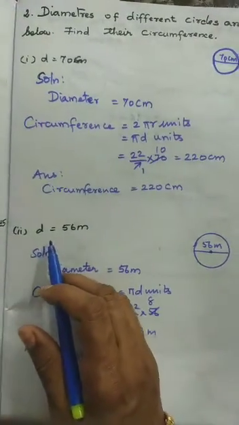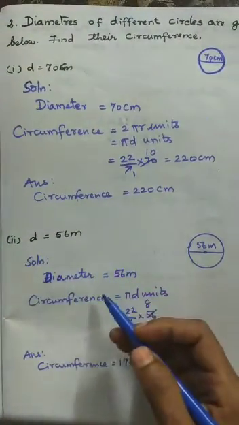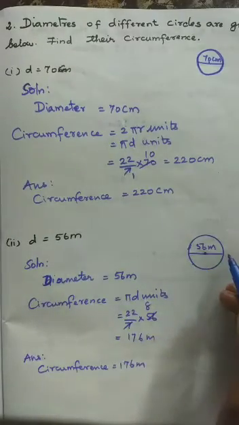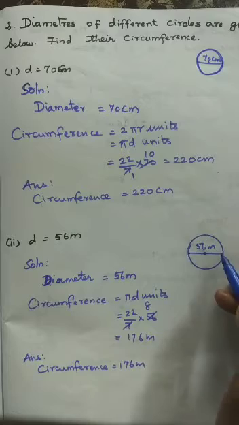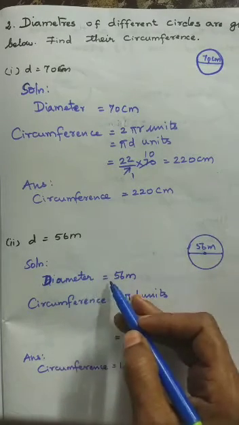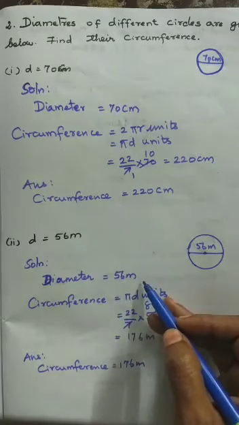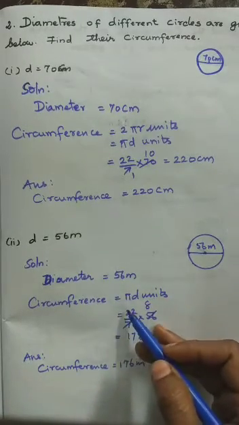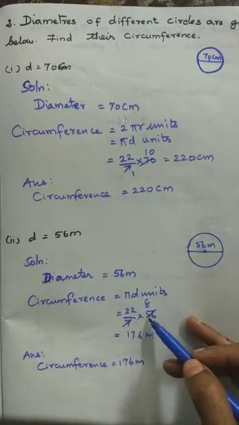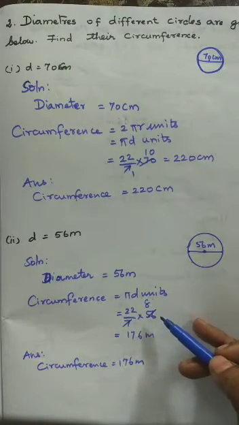Then the second sum, D is equal to 56 meter. So draw a circle, that is D, from this end to that end, 56 meter. That is diameter is equal to 56 meter. So circumference is equal to pi D units. So 22 by 7 into 56.